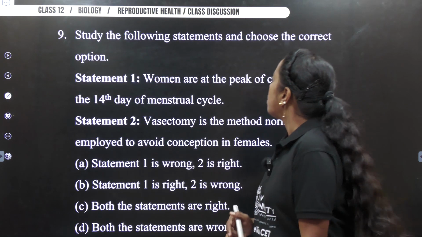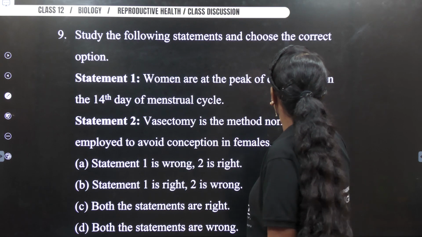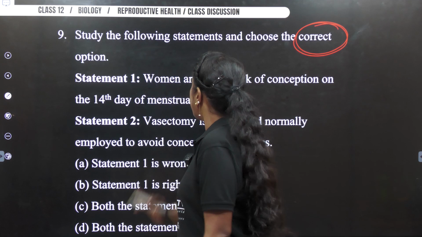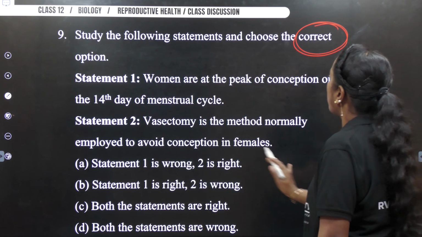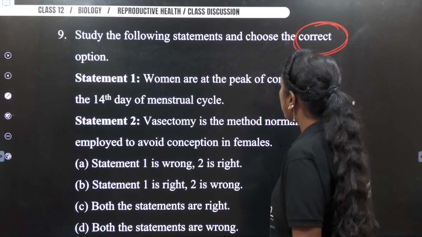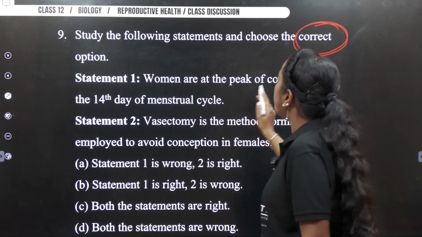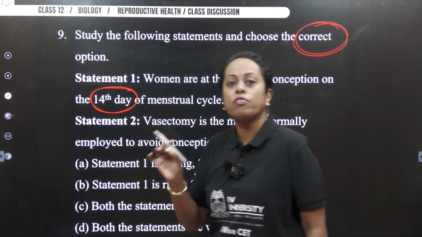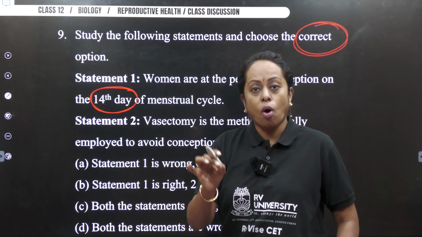Okay. Next, study the following statements and choose the correct option. I am highlighting the words correct option. So now let us understand the question. Women are at peak of contraception on 14th day of menstrual cycle. He is talking about what? The release of ova, that is ovulation.